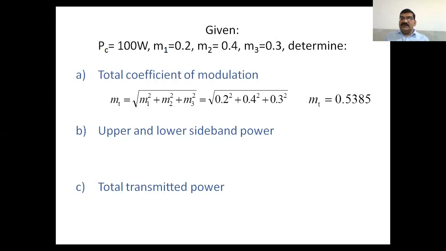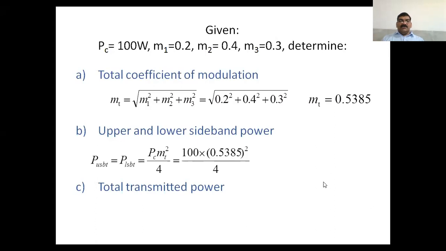Okay, upper and lower sideband power. What is the formula for upper and lower sideband power? As we discussed, this is the formula, that is PC MT square upon 4. So PC is 100 watt into 0.5385 square divided by 4.